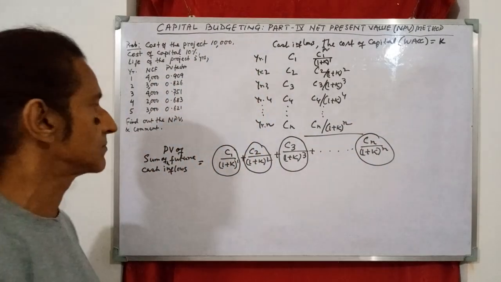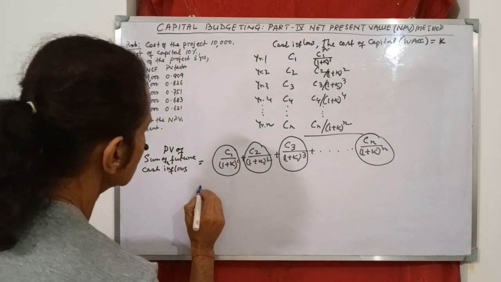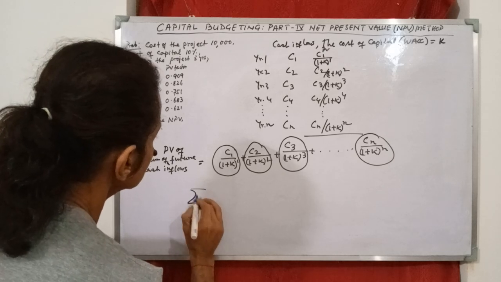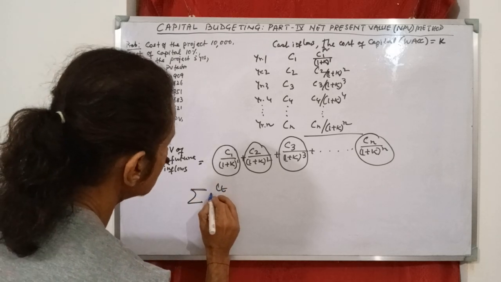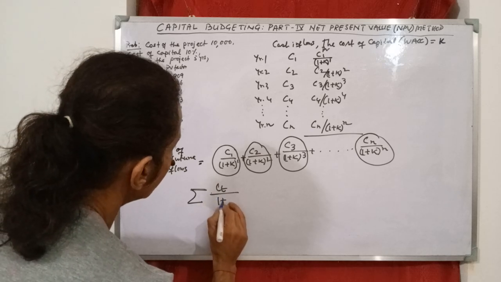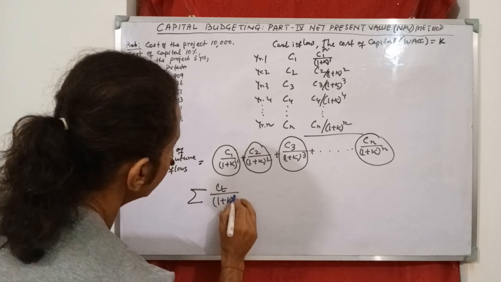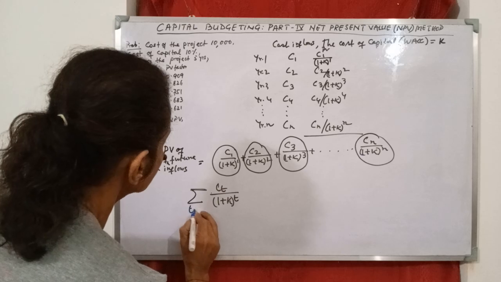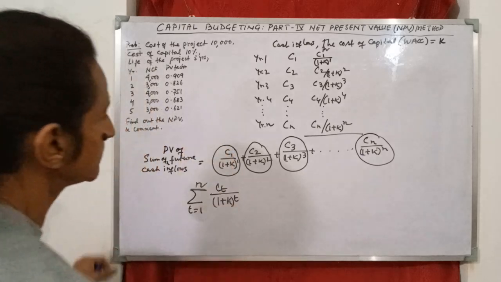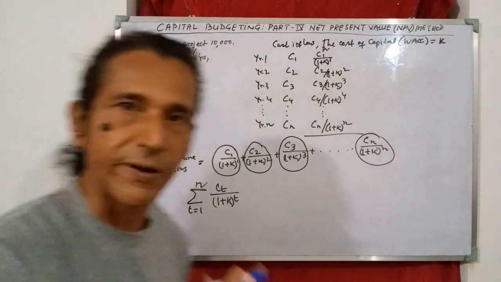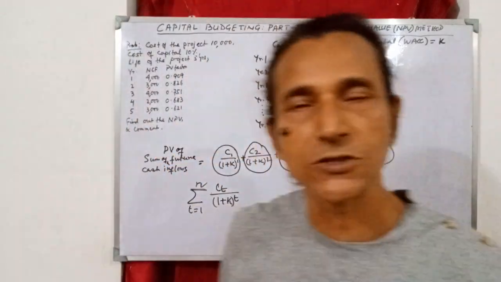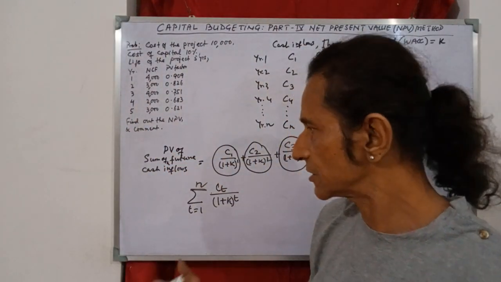Correct? Therefore, the formula becomes sigma Ct, C sub t divided by 1 plus k to the power t, when t equals 1 to n. This is the sum of present values of all the future cash inflows.